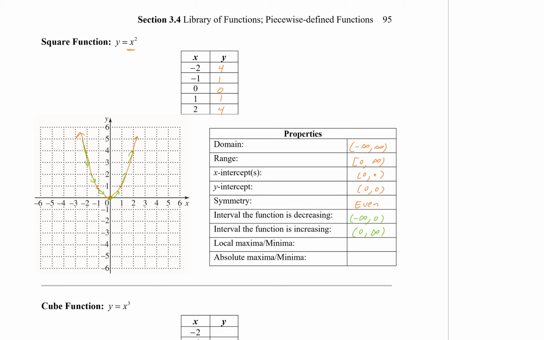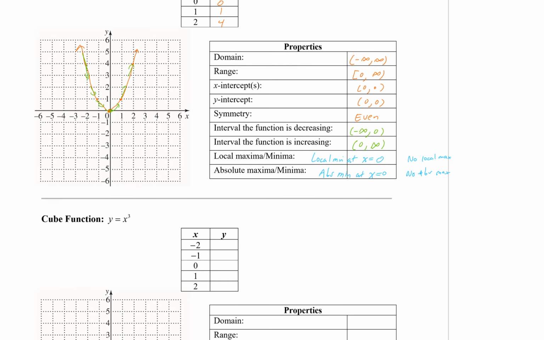It's not enough space, so I'm just going to put local min at x equals 0, and absolute max, absolute min, because it doesn't technically say, and then no absolute max. And here we'll say no local max. Oh, that makes sense. You guys can see that.